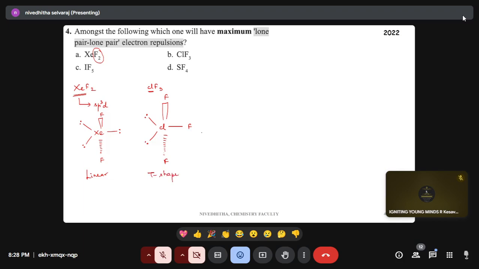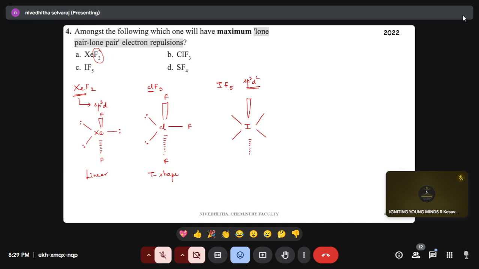Next, IF5. Hybridization of IF5 is sp3d2. What could be the shape? Iodine can form 6 chemical bonds, 1, 2, 3, 4, 5 and 6.